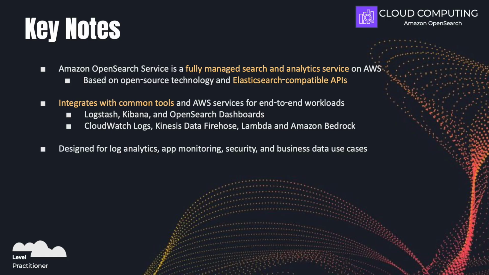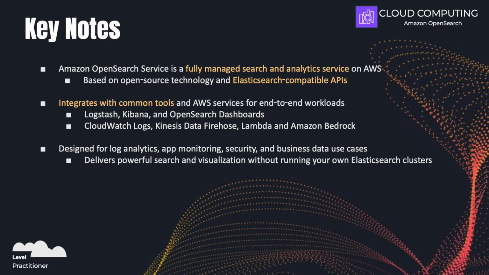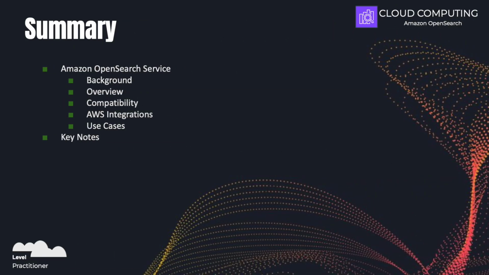You typically use it for log analytics, application and performance monitoring, security analytics, business data analytics, and especially product listing and indexing. And that is it for this overview of Amazon OpenSearch service, everyone.